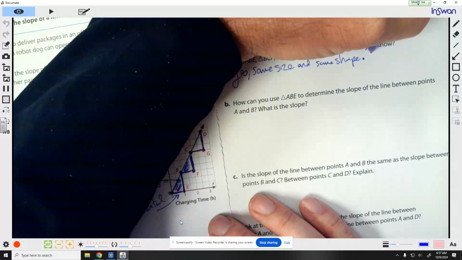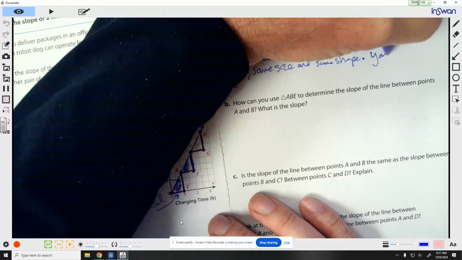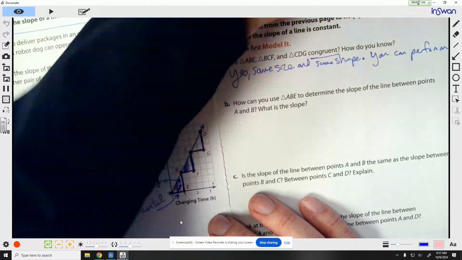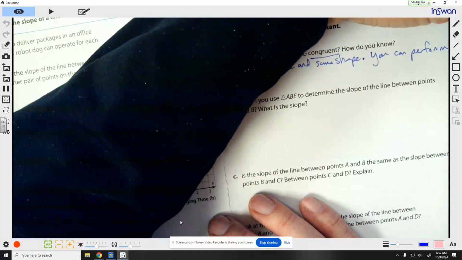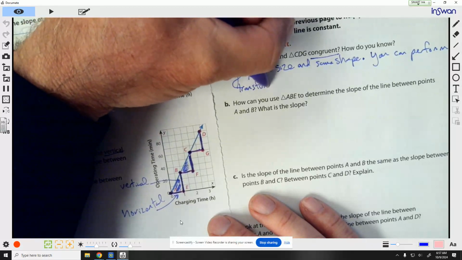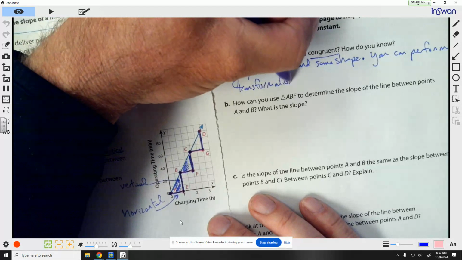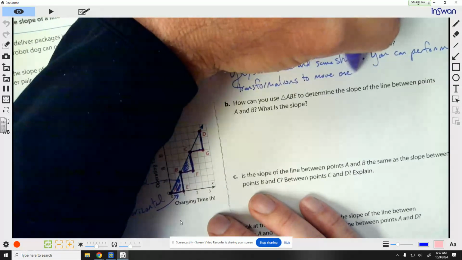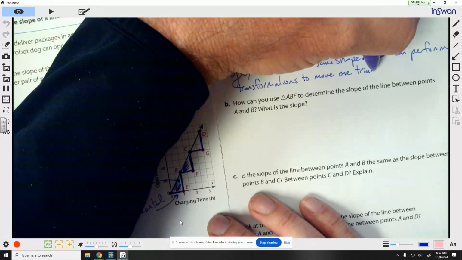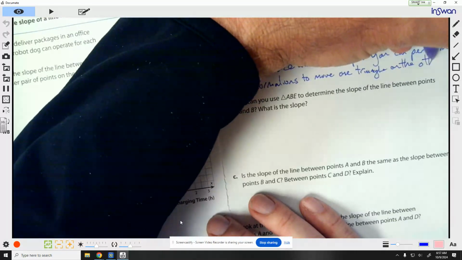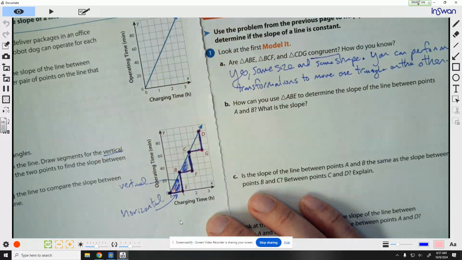So we could say you can perform rigid transformations to move one triangle onto the other. All right, so we can move one triangle onto the other one there.